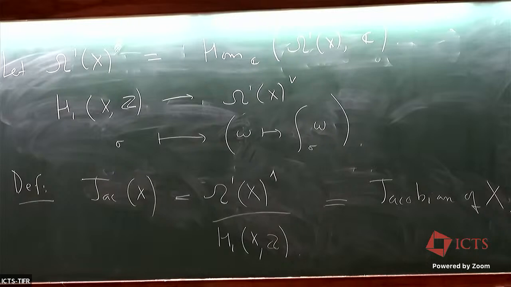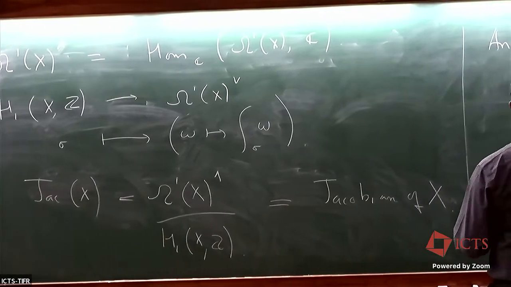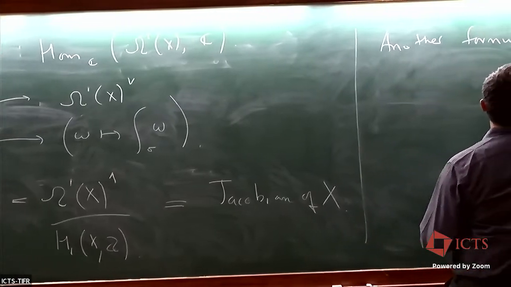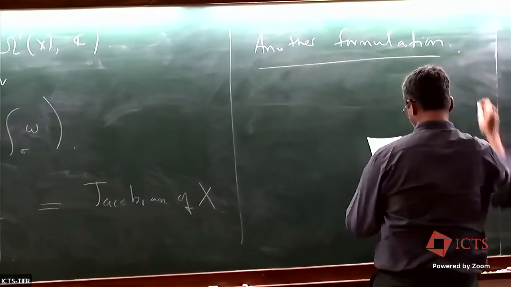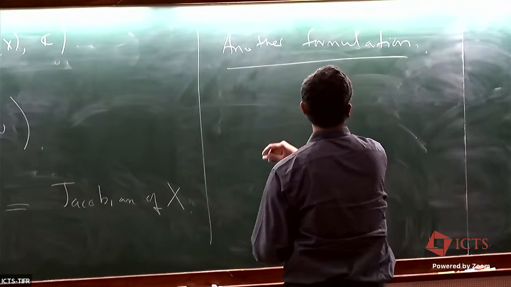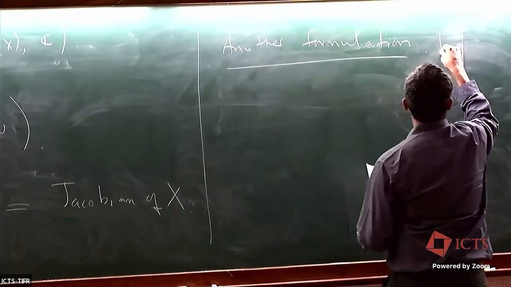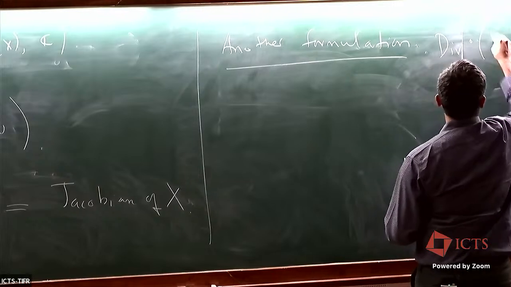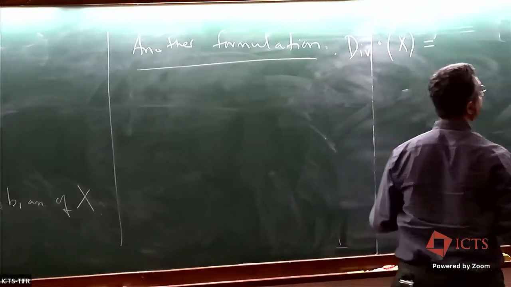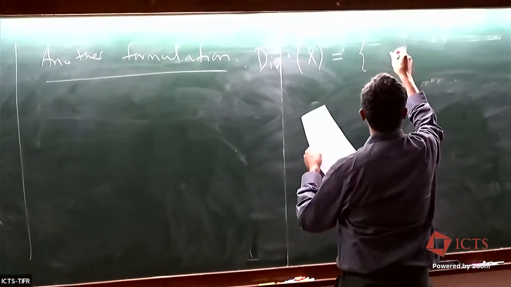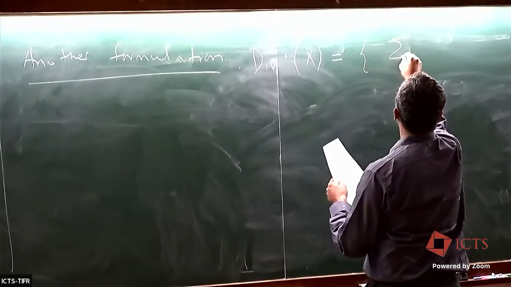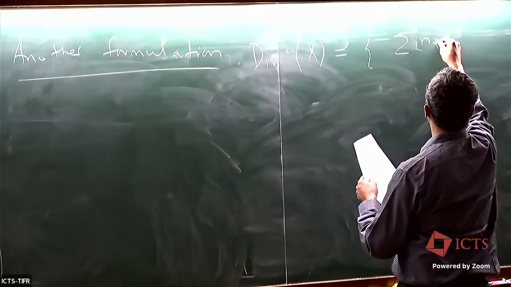Okay, so another formulation of this is we work with divisors of degree 0 on X. Let me just define these formally. I don't think I ever did, or anyone did.